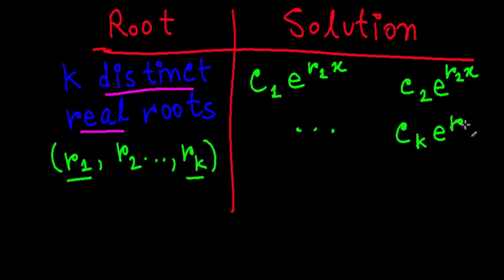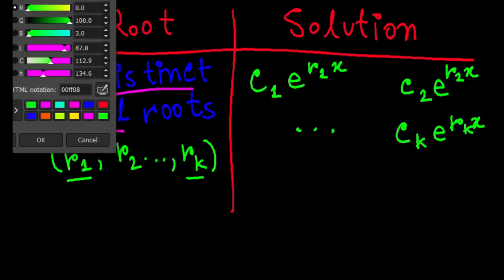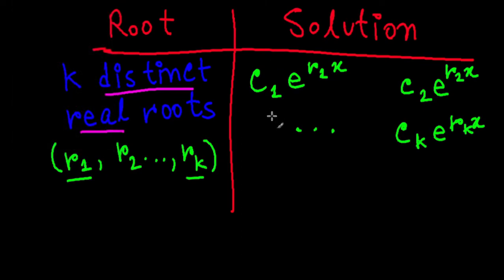Now, as we discussed about solutions of linear homogeneous differential equations, if you take the sum of solutions, that whole thing is also a solution. So this is the portion of the solution.